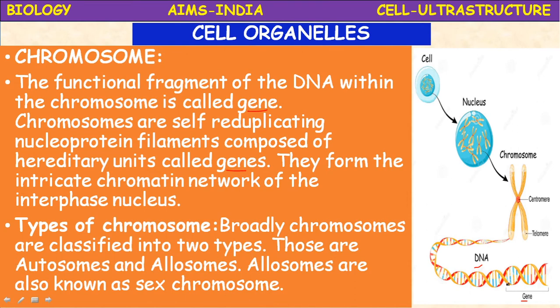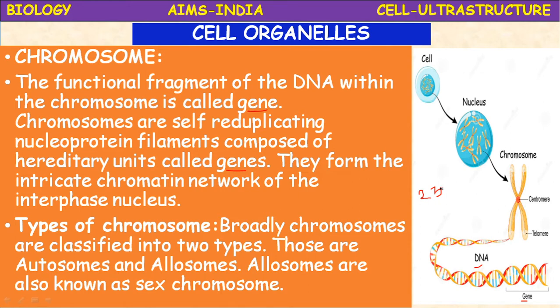The types of chromosomes, it is very important. Broadly, chromosomes are classified into two types. They are autosomes and allosomes. So what are autosomes and allosomes? As I told you, for example, in human beings there are 23 pairs, which means 46 chromosomes.